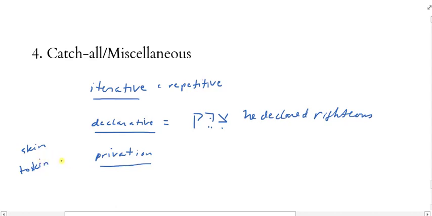What does that do? Or what am I doing if I skin something? Am I putting skin on it? No, I'm taking skin off, right? So this verb is a privative verb in English. It means to deprive of skin, to remove something, okay?